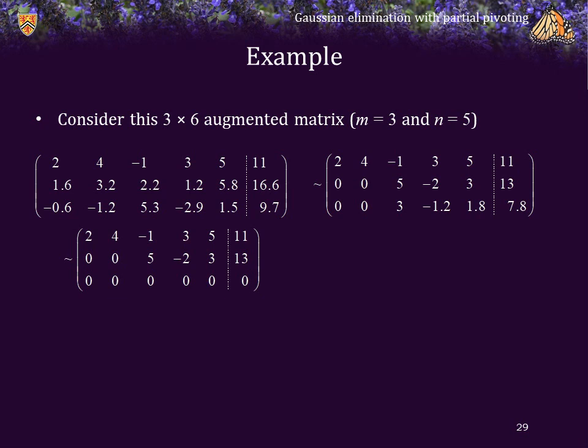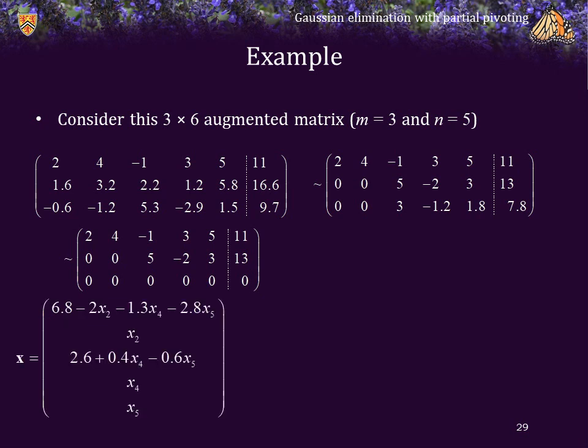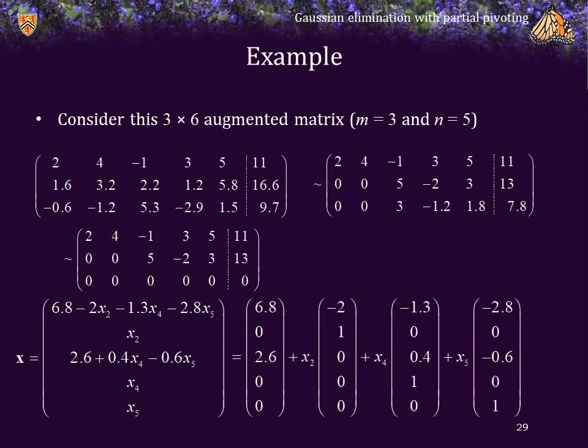Applying backward substitution, therefore, we get that the solution vector is this vector here, and if we were to write this out, we would see that it is the sum of the constant vector 6.8, 0, 2.6, 0, 0 plus all possible linear combinations of the 3 additional vectors you see here.